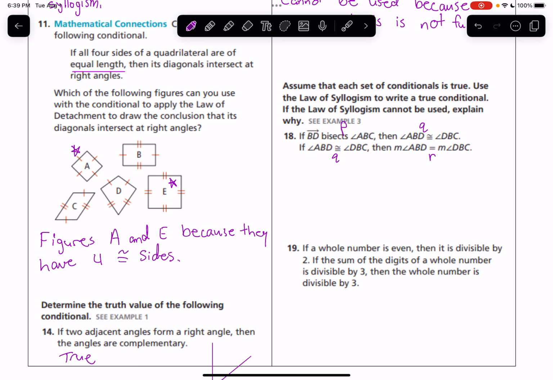And we can say if ray BD bisects angle ABC, then the measure of angle ABD, again, that's the conclusion of the second part, is equal to the measure of angle DBC. We're dropping out that middle.